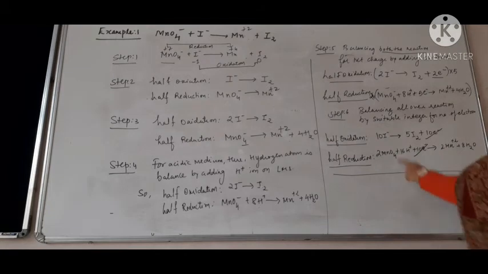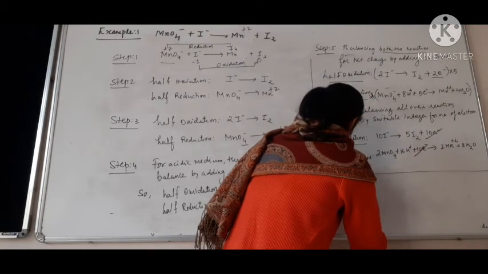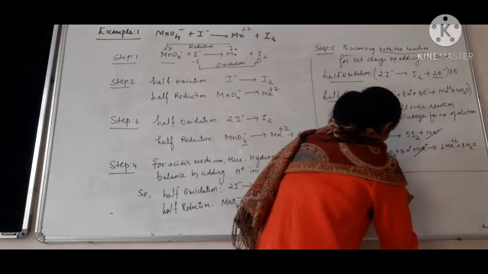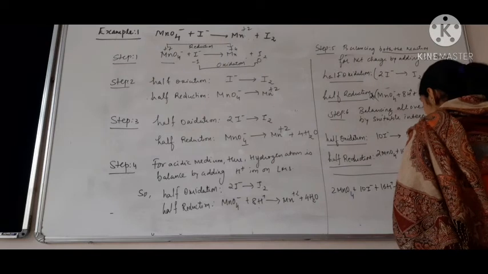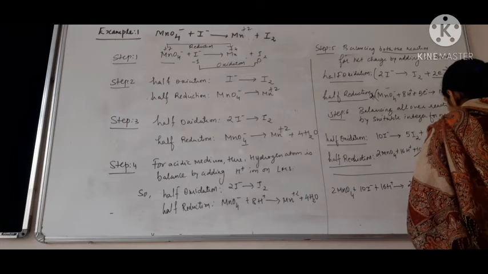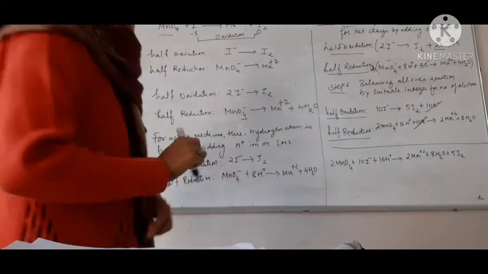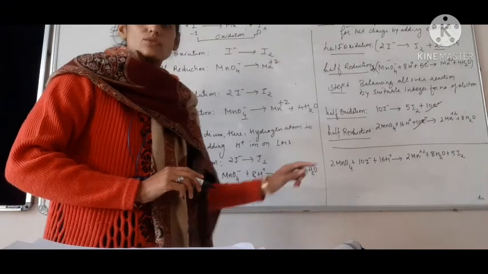Okay, so here you can see for the acidic medium the overall reaction: 2MnO4 minus plus 10 iodine minus plus 16H plus, which gives 2Mn plus 2 plus 8H2O plus 5I2. अब हमने देखा है कि अगर बेसिक मीडियम है मेरे पास, if I am having the basic medium, for that I have to add OH minus ions on both sides, wherever hydrogen ion is there.